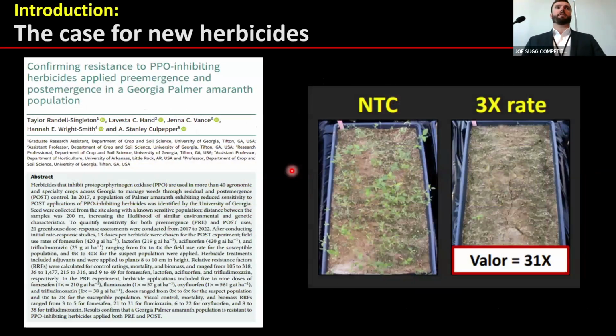And so Dr. Randall Singleton et al. at the University of Georgia found and confirmed just that in recent years. This Georgia Palmer amaranth population was resistant to PPO-inhibiting herbicides, including Valor. And so this study found that with Valor applied at a 3x rate, this population was 31 times more resistant than the susceptible population.